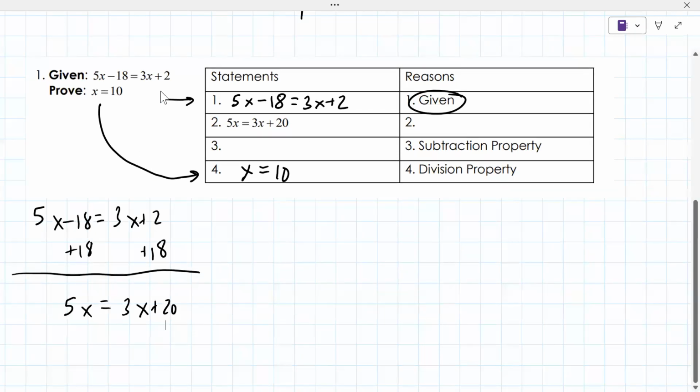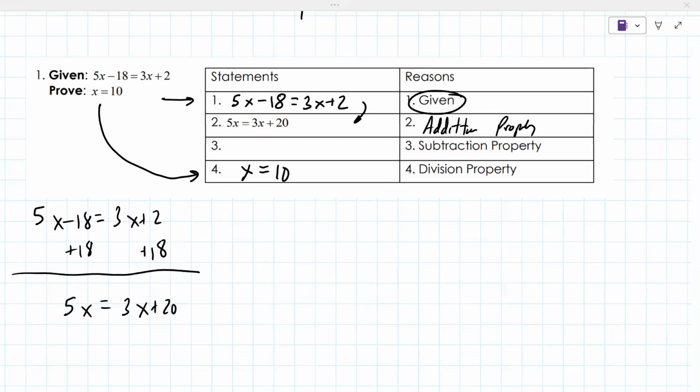So the step here is the addition property of equality. What did you do to go from one to two? You have to supply a reason. Is that okay?